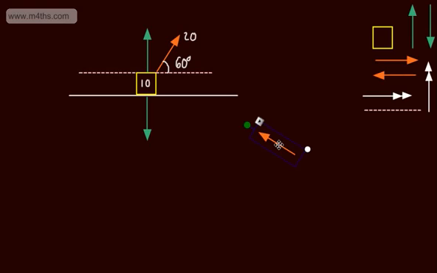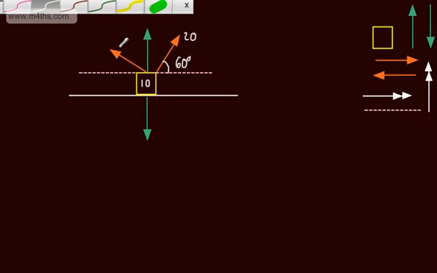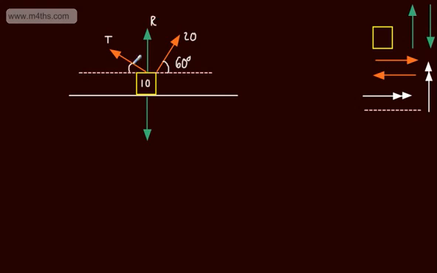So let's look at an angle, and let's put this angle on right here. Let's say this is T, let's say this is going to be R, and let's say this is going to be an angle. I appreciate it's not accurate, but that's 30 degrees.